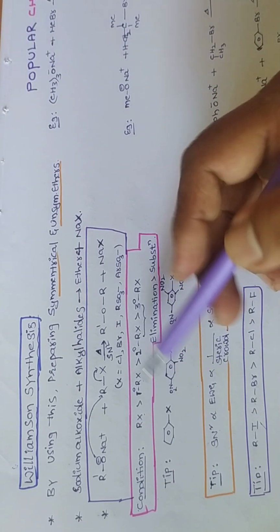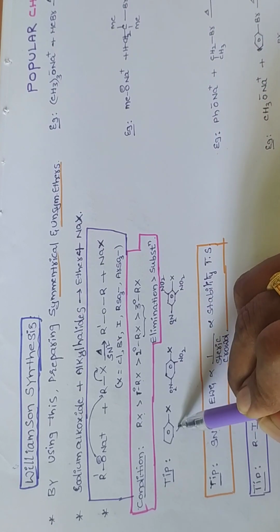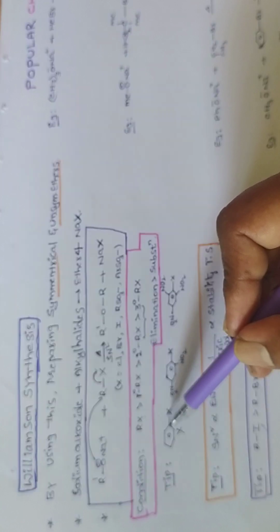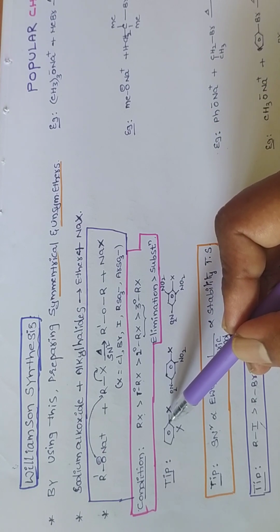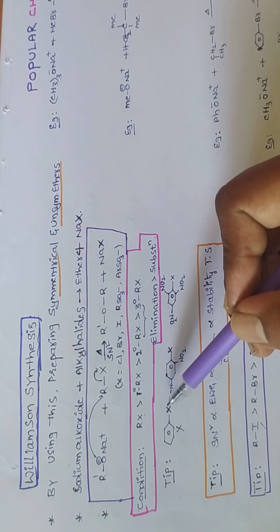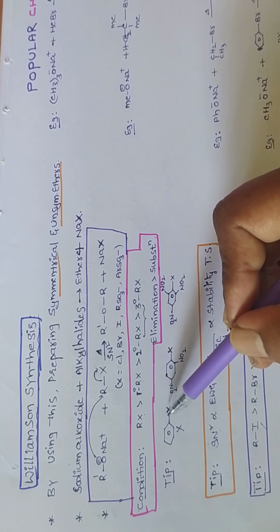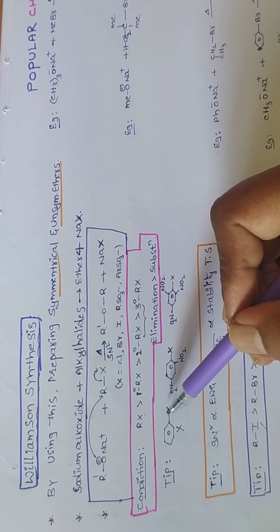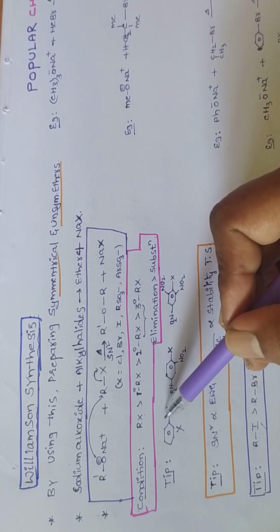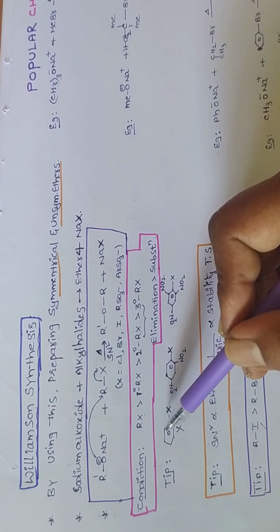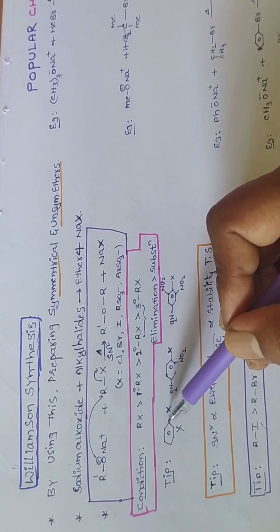Without it, there is no nucleophilic substitution because the halogen is attached to an sp2 carbon. That is one reason. Another reason is that between the halogen and this carbon there is a partial double bond, so breaking the partial double bond is difficult. Therefore aryl halides do not undergo nucleophilic substitution reactions in the absence of an electron withdrawing group.